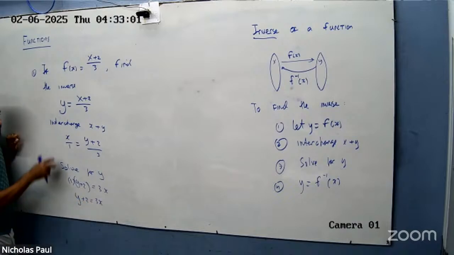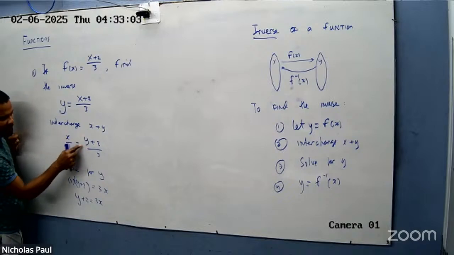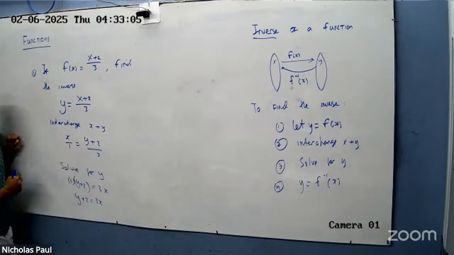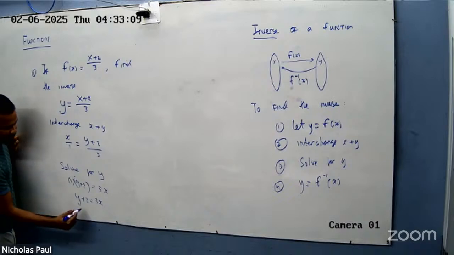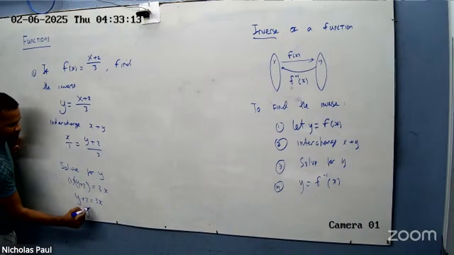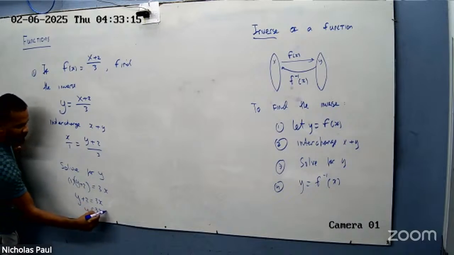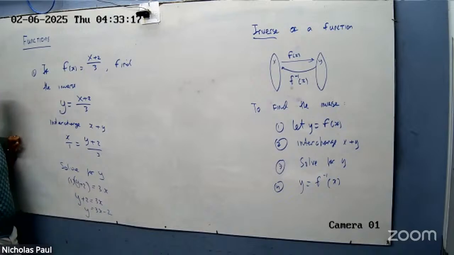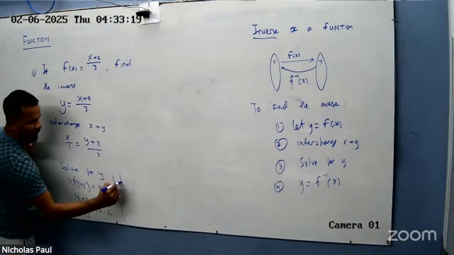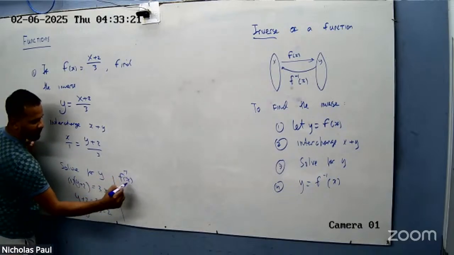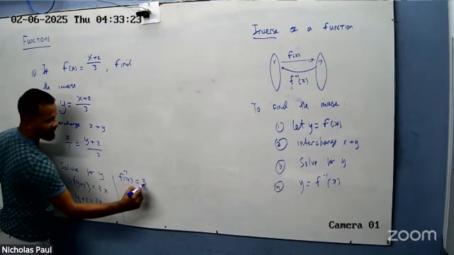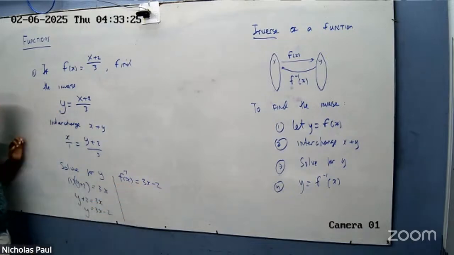Two fractions, equal sign, cross multiply. When you reach here, make y the subject. So move the 2 across, and I will get 3x minus 2. And you're done. That is your answer. Your answer for f inverse x is 3x minus 2.